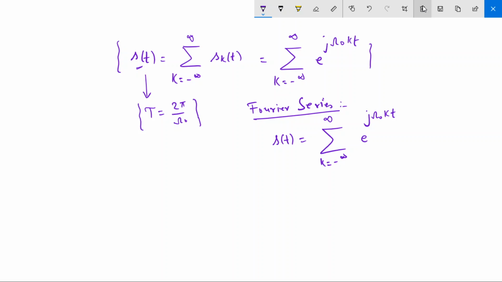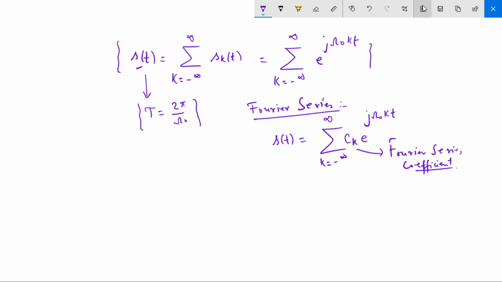Along with this we introduce a coefficient c_k, which is called the Fourier series coefficient. This c_k basically determines the magnitude of the various frequencies which are to be added together so that you get a periodic signal.